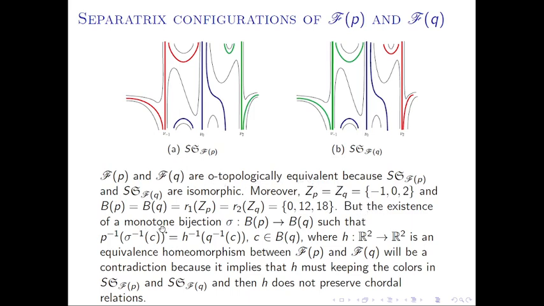But the existence of a monotone bijection sigma between the bifurcation sets of P and Q respectively such that this condition holds for any bifurcation value of Q, and H an equivalence homeomorphism between the regular foliations of P and Q respectively, will be a contradiction, because it implies that H must keep the colors in the separateness configuration of P and Q respectively, and then H doesn't preserve cyclic order relation.